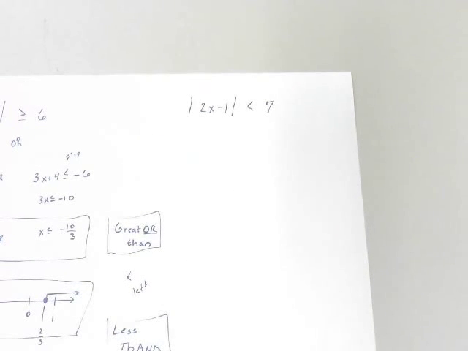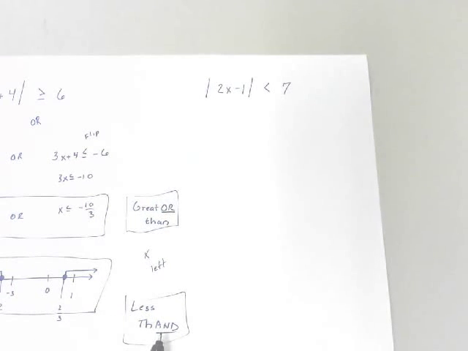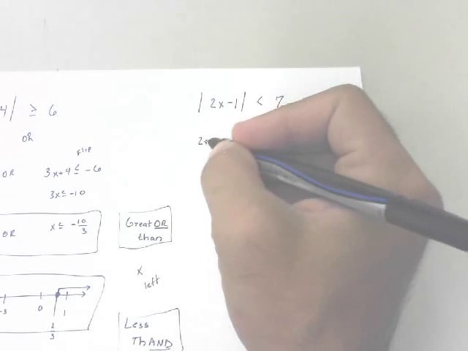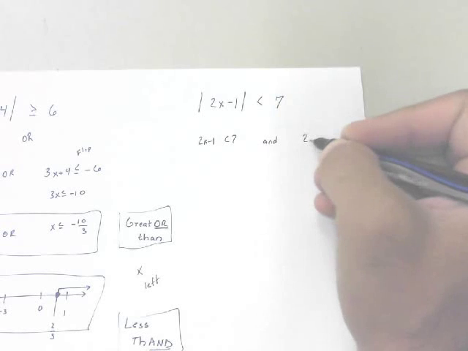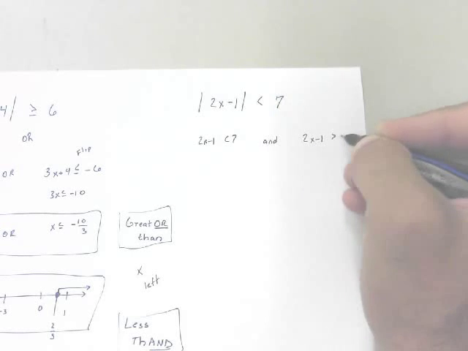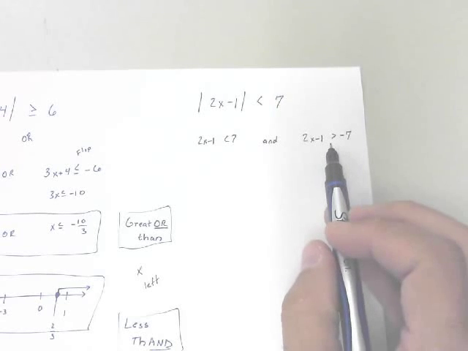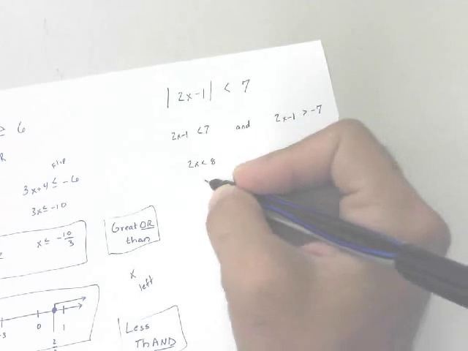So looking at the absolute value of 2x minus 1 is less than 7, remember that that is an and. Same idea, 2x minus 1 is less than 7, and 2x minus 1 is greater than negative 7. So notice how when I wrote the negative, I flipped the sign. Going to go ahead and solve.